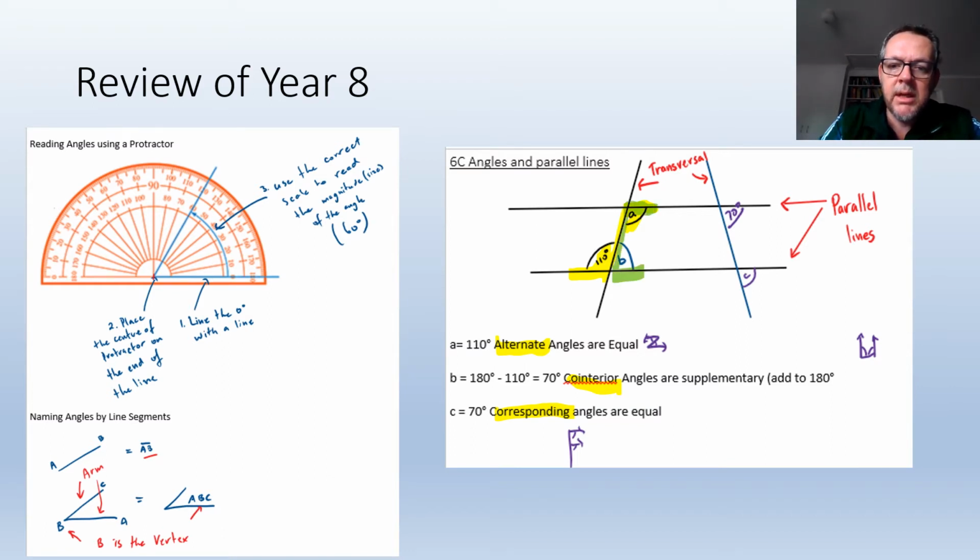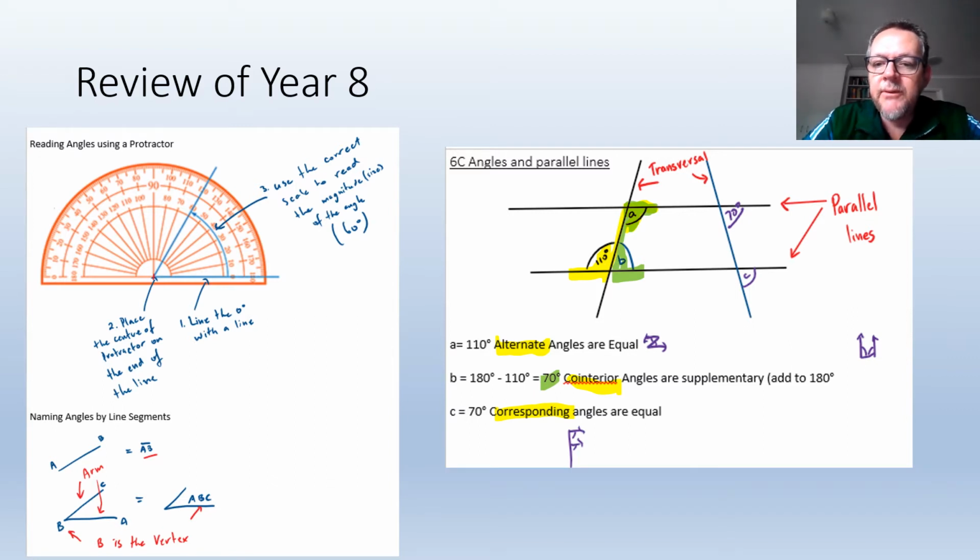Now, co-interior angles add up to be 180 degrees. So if I were to look at the magnitude of angle B, I would just say, well, 180 minus that 110 would be 70. So I could say, well, B equals 70.